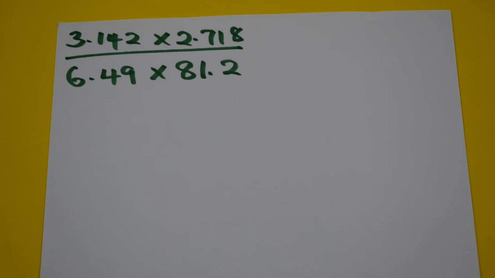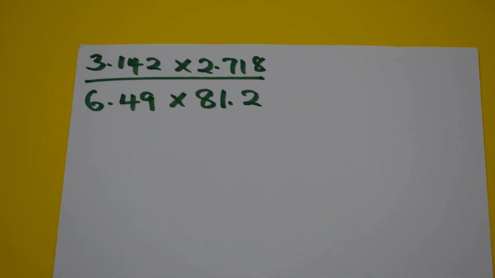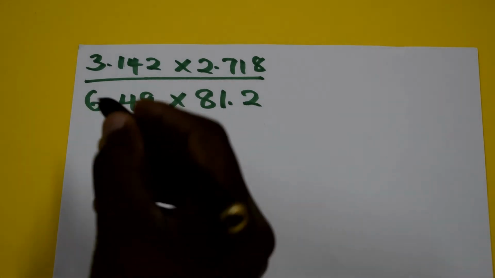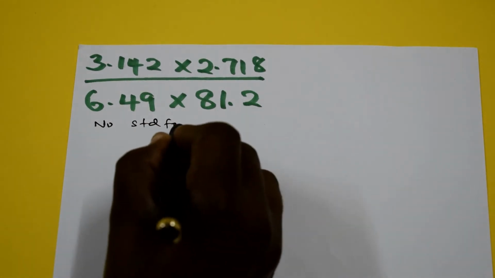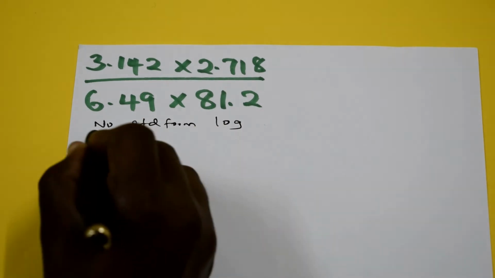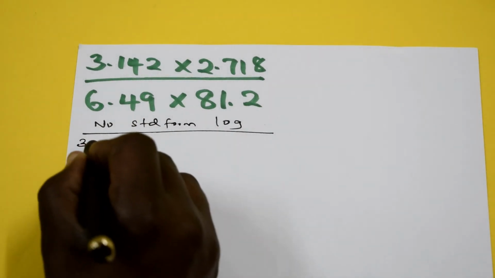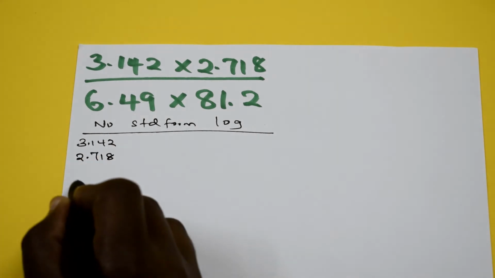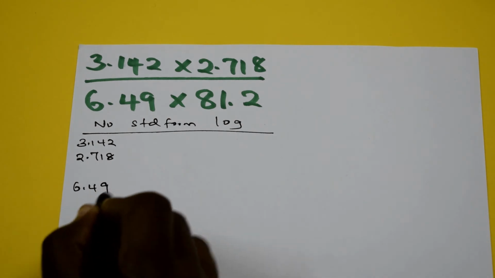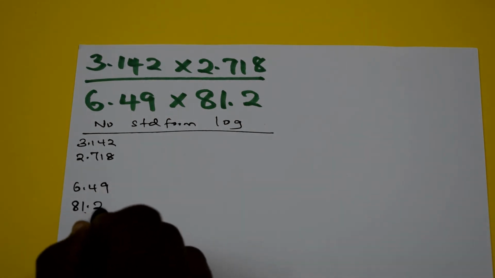So let's continue. We have 3.142 multiplied by 2.718 divided by 6.49 times 81.2. Again we can organize this one as number, standard form, logs. So 3.142, 2.718, 6.49, 81.2.